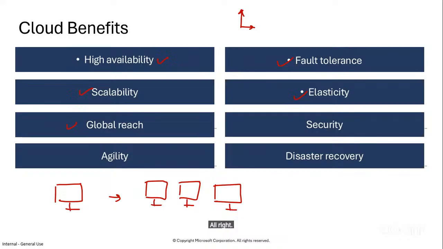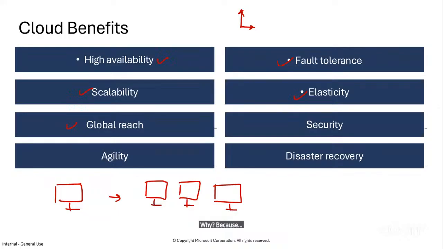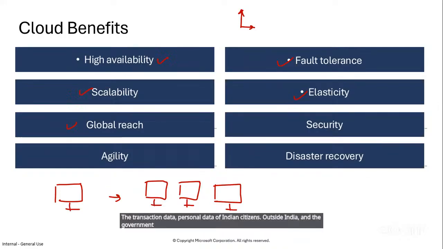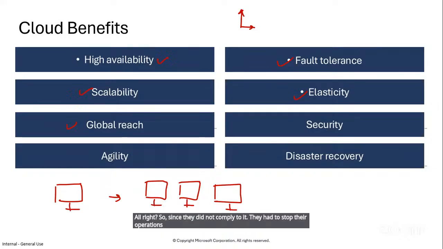So back in 2021 or 2022, American Express was stopped by the government of India from issuing any new cards. Why? Because they were storing data of Indian citizens, the transaction data, personal data of Indian citizens, outside India. And the government made it mandatory for these organizations to store data within India. Correct? So since they did not comply, they had to stop their operations until they complied with the government regulations.